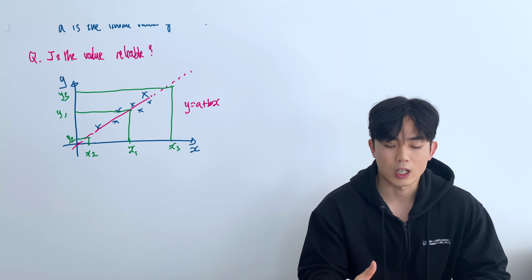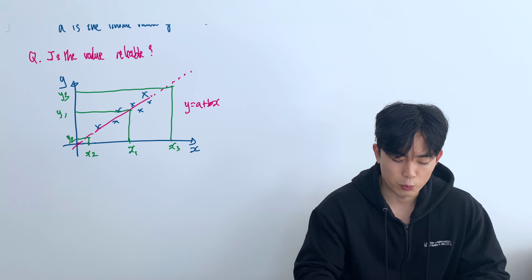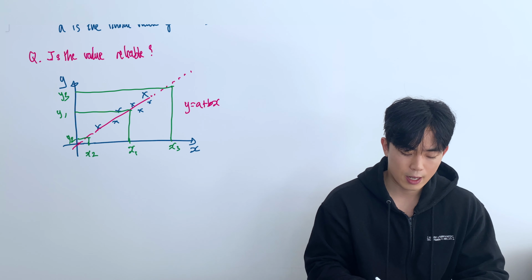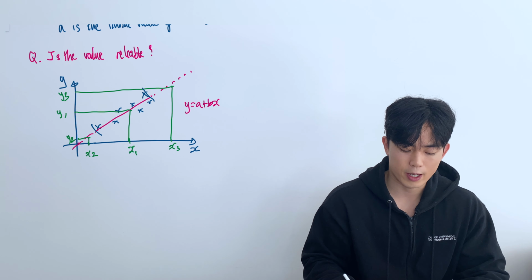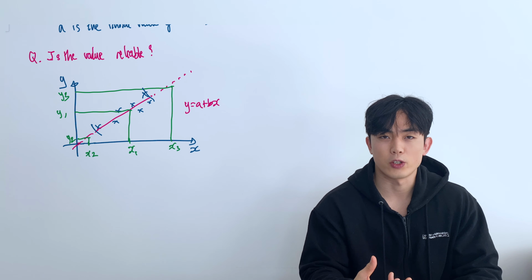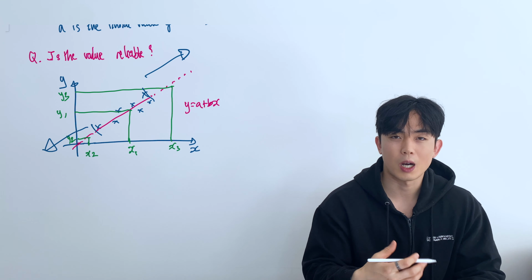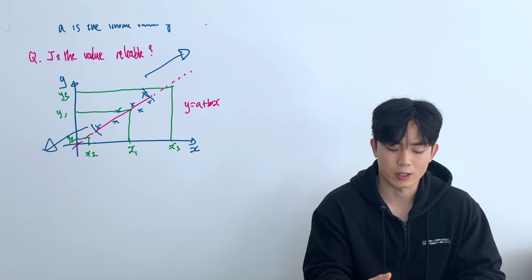Now, not all of these are going to be reliable, because we drew the straight line graph based upon the points we plotted, right? And the points we plotted only go from here to here. So even though we can assume that it's going to be a straight line past these points, or further down here, we can't be 100% certain about that, right?